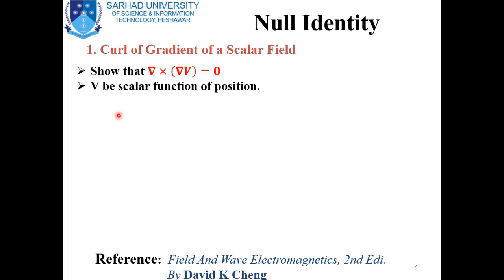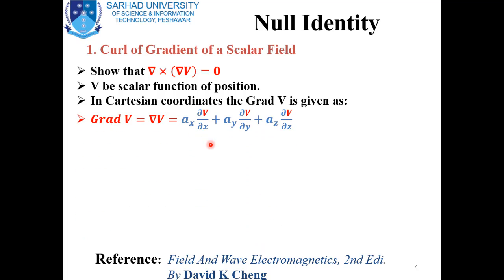And as v is a scalar function and it can depend upon the coordinates of position, so we take the coordinate system as Cartesian coordinates, and the gradient of v in Cartesian coordinates can be written as grad v is equal to del v, and the components of the gradient of v in Cartesian coordinates are given as ax del v over del x plus ay del v over del y plus az del v over del z.